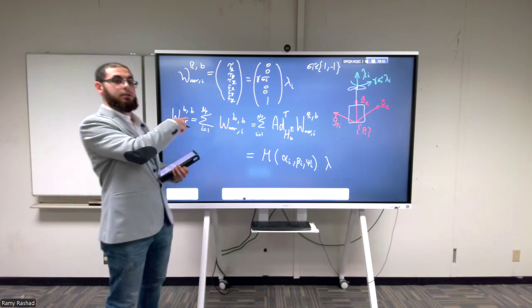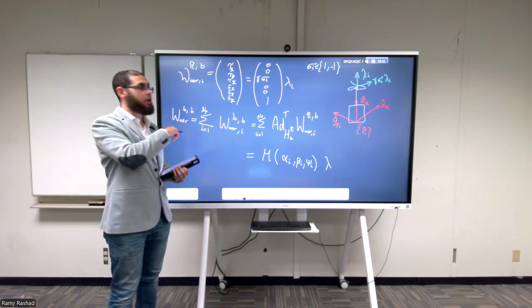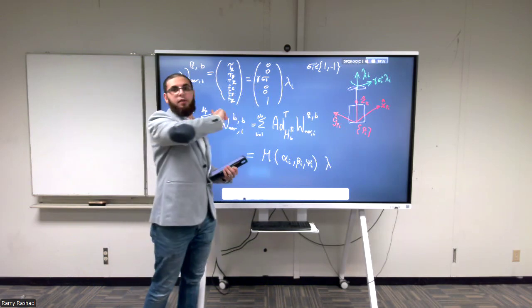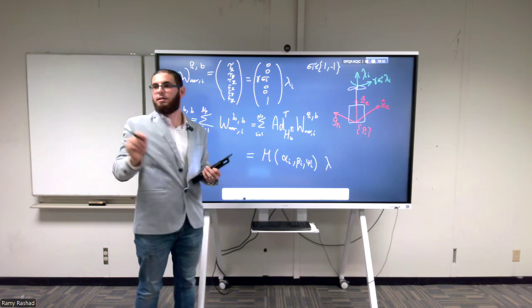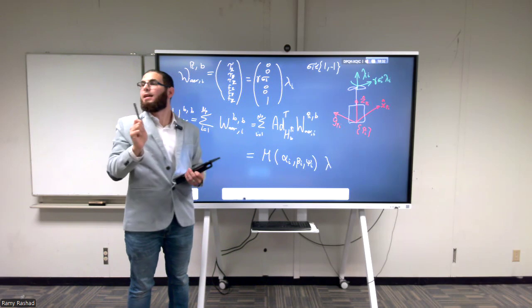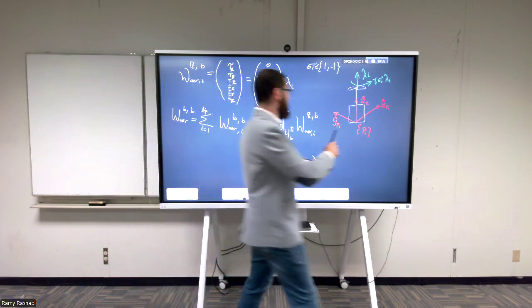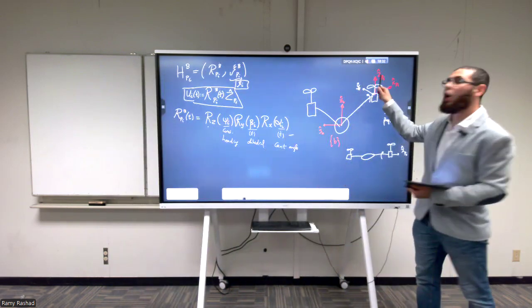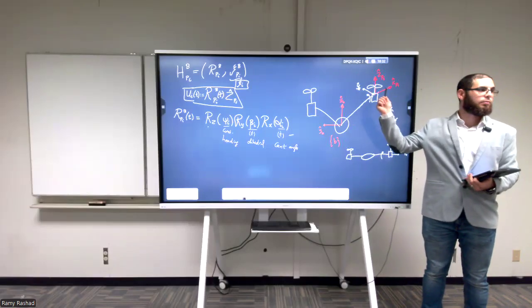This is the aerodynamic wrench. But this is a very simplified model of the aerodynamics. By the way, in practice, you don't actually have that these are zero. The first thing that you have in practice is that the propeller is not 100% aligned in this way.